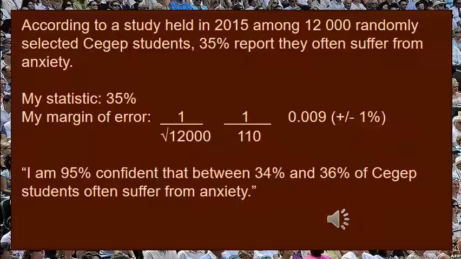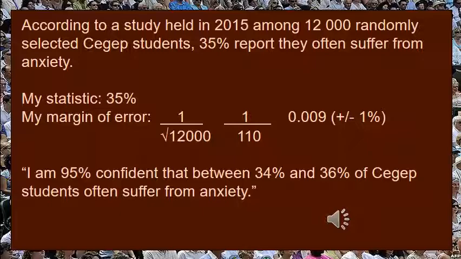You cannot claim 35% of Cégep students often suffer from anxiety. No. There's a margin of error. There's a confidence interval here to work with. We would see that in a newspaper: 35% of Cégep students suffer from anxiety. No, there is an interval. There's numbers to work with. So we'll do a confidence statement for this one.